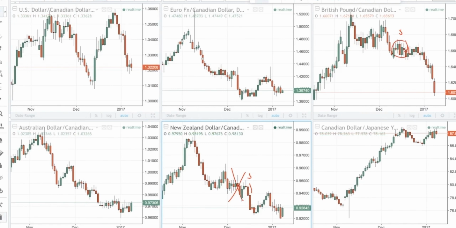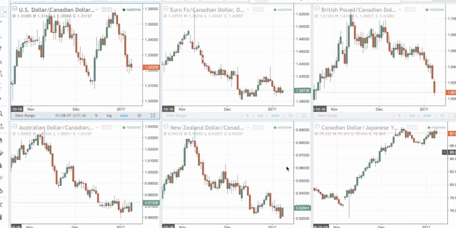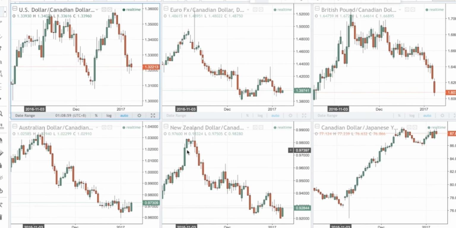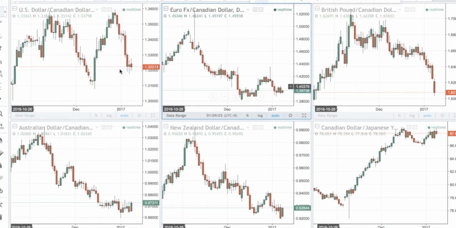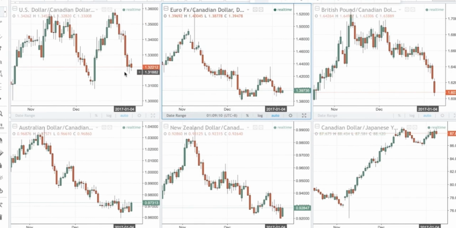Okay, so CAD being strong, +5 means majority of the pairs. I have 6 pairs, and out of 6 pairs, 5 of them are saying the same direction. They're saying CAD is strong, which means most charts should be going downwards, right? Because USD CAD has CAD on the right. So if a chart is going downwards, it represents CAD being strong.